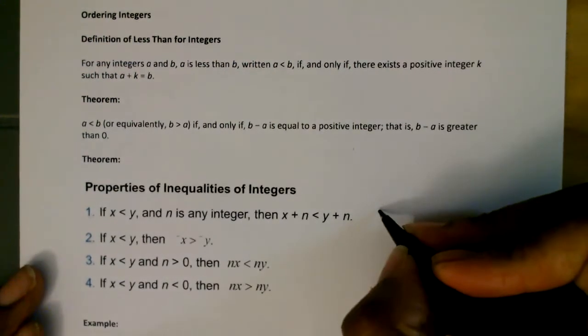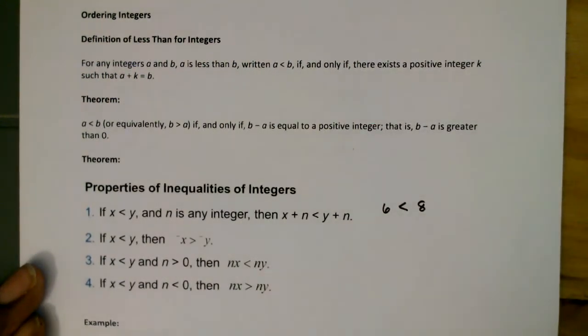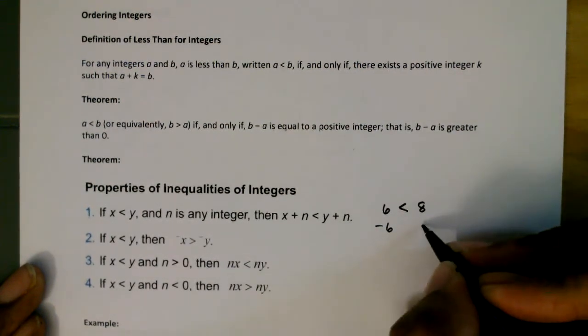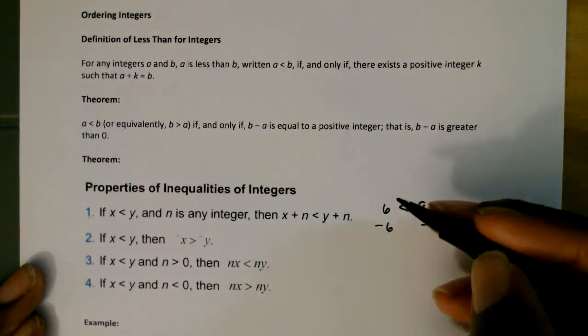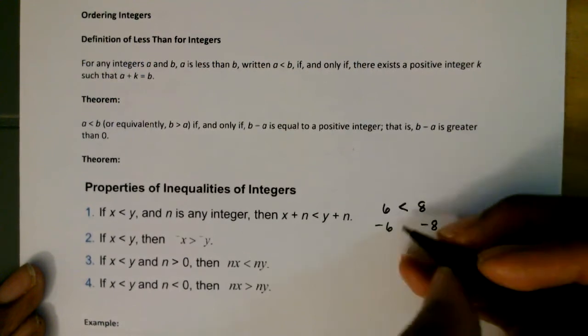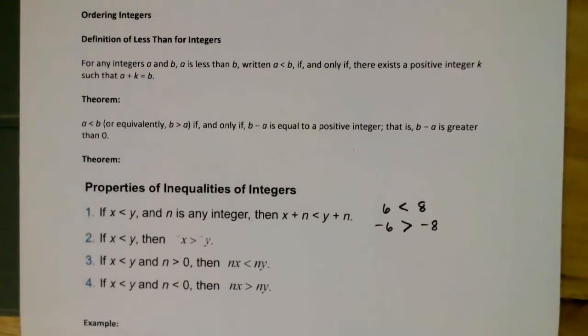Illustration of that would be something like this: 6 is less than 8. If I take the opposite of 6, it'll be negative 6. If I take the opposite of 8, it'll be negative 8. But I need the truth of this one. Negative 6 is closer to 0 than negative 8. So negative 6 is greater than negative 8.